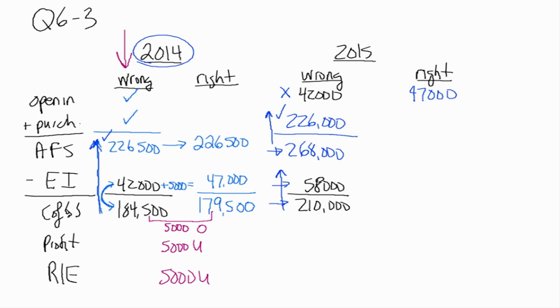So purchases are correct. We know that this is wrong, we know that that is wrong, we know that this is wrong, and we know that that is wrong, but we know that this is right. And if this is right, we can move it over here, which will allow us to then calculate the correct available for sale for 2015, which is 273. Thank you very much.